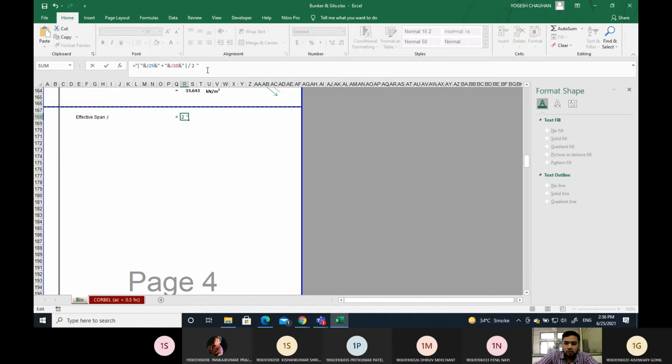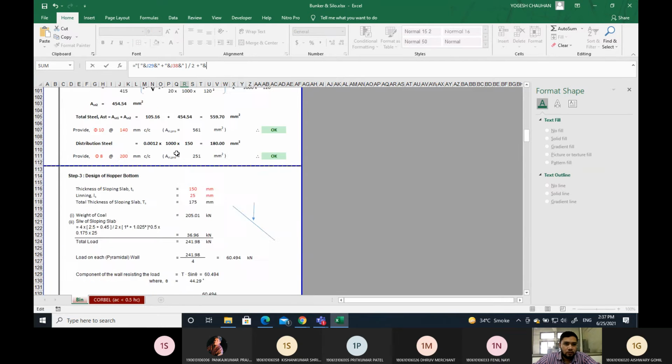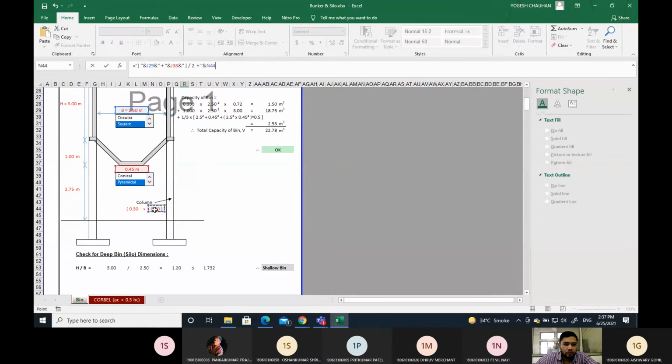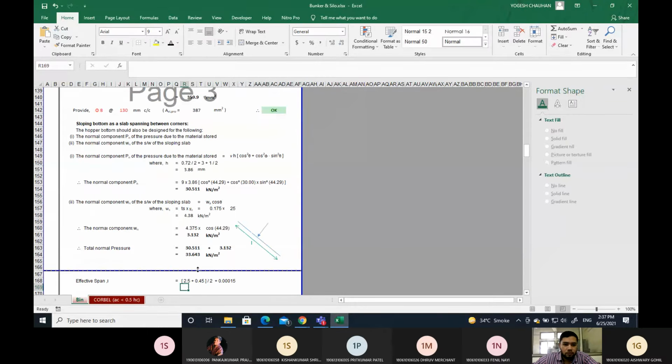Plus half the width of the column, so it is 300 by 300. So let us say this by 2 and convert this into 1000, so divide by 2000. Oh, it is already there in mm.